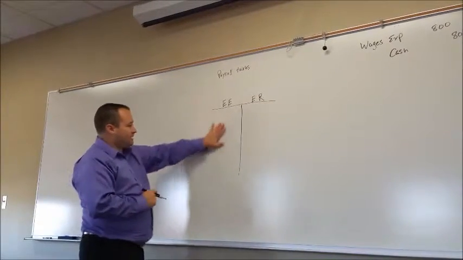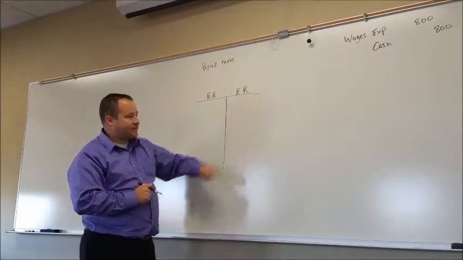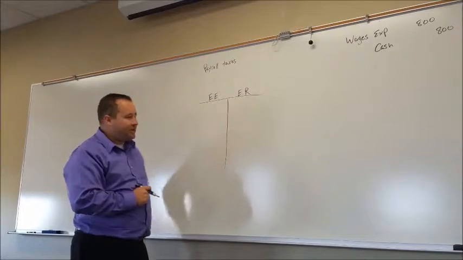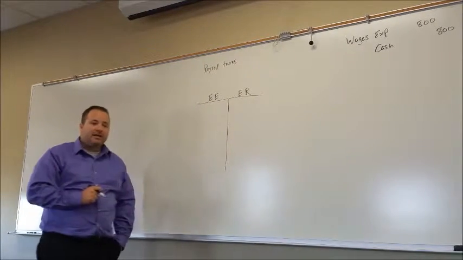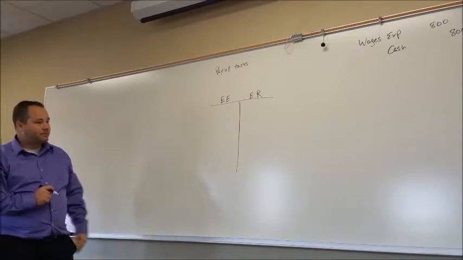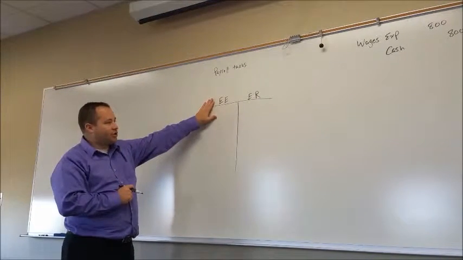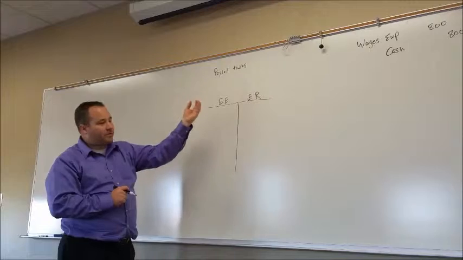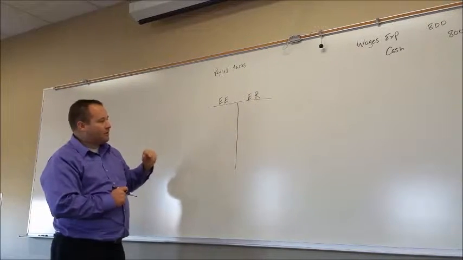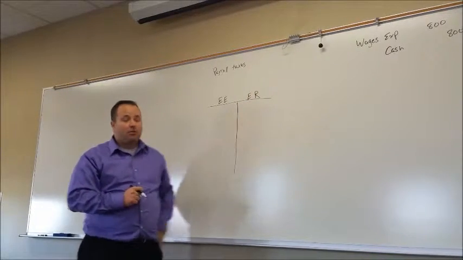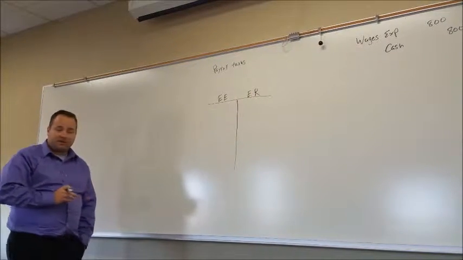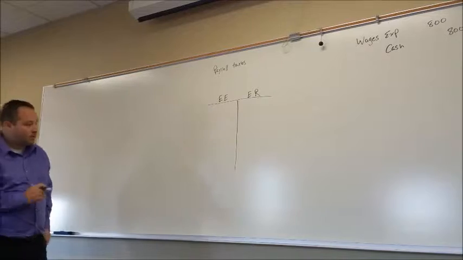What we're going to do here is list the taxes that each entity, the employee and the employer, has to pay out of their pocket. Of course, the employee's taxes get taken out of their check, and the employer holds it for a little bit and then pays it on to the appropriate party. And then the employer has to pay an additional amount than what is withheld from the employee.